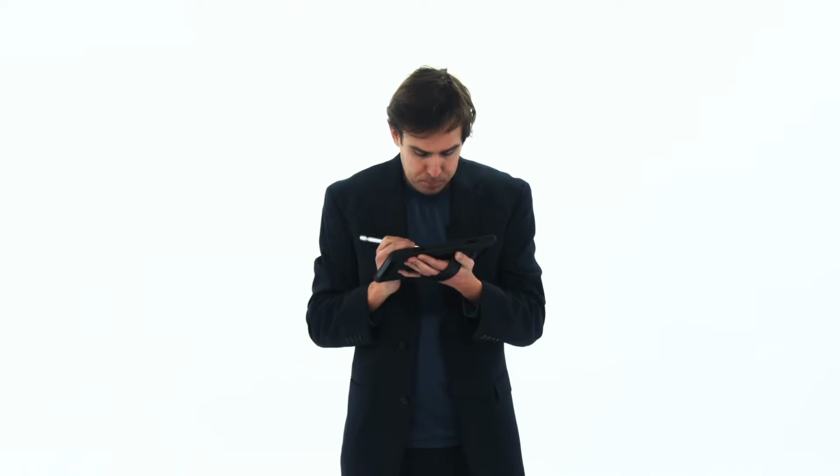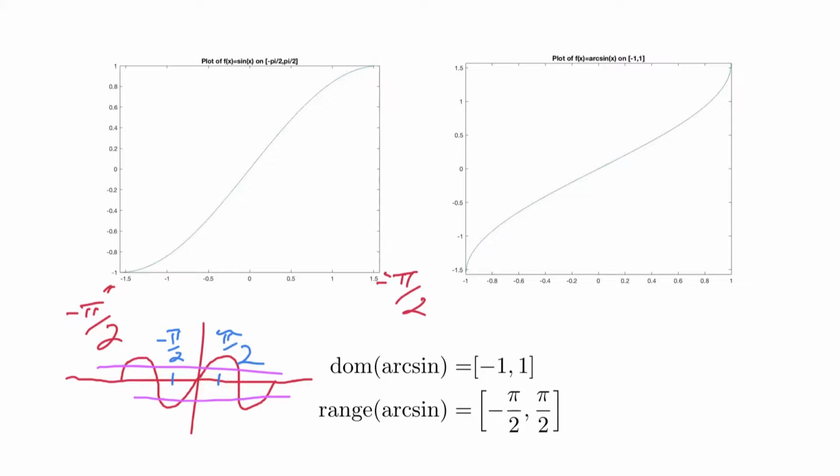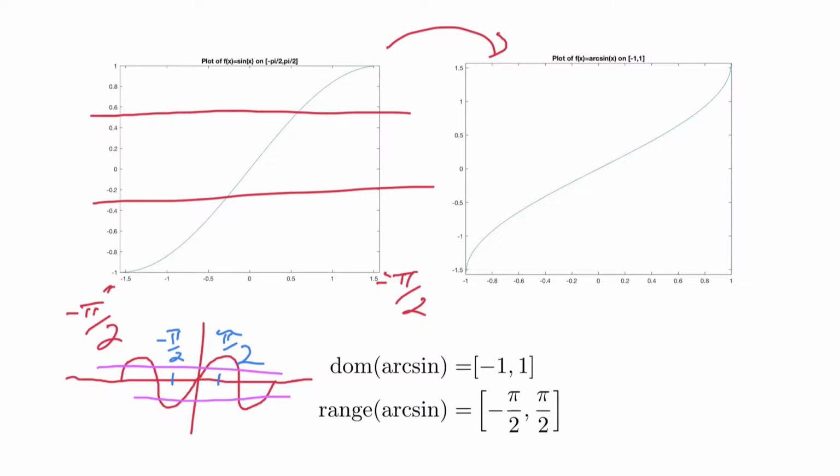So if I cut out the periodic structure by restricting my domain, then I get a well-defined inverse function because I pass the horizontal line test. You can see here that on this restricted domain, I pass the horizontal line test no problem. So I can compute the inverse function. Notice now the domain is what the previous range was.